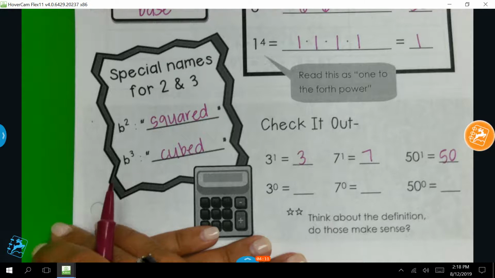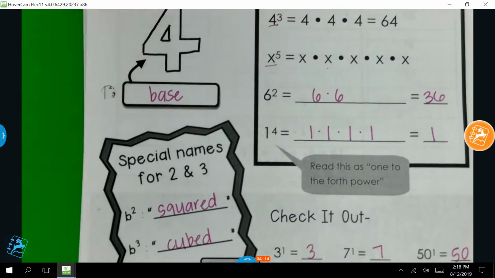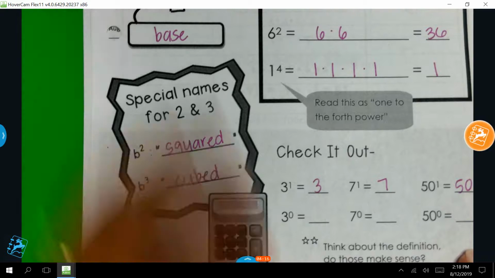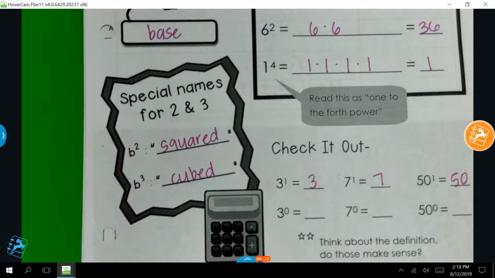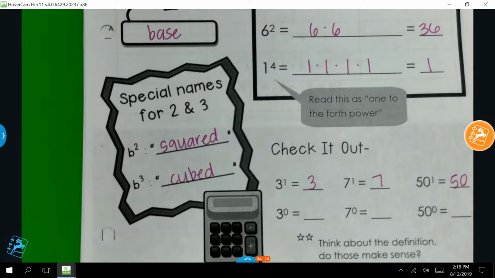So 3 times nothing, but is nothing necessarily 0? Because anything times 0 is 0, right? This is tricky. That's why I'm asking. It's not 0. What did you think, Addison? It's 3 because you don't multiply it by anything. No, not 3. If it was 3, it would be raised to the 1st power.